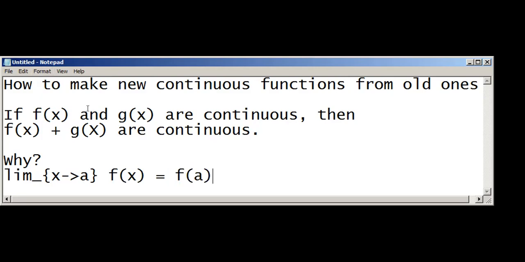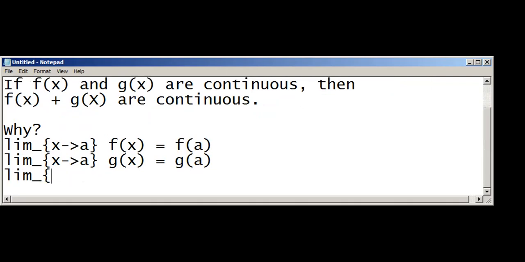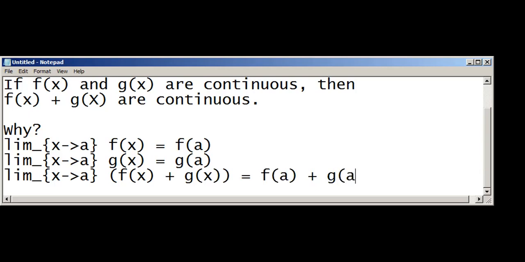So if f of x and g of x are known to be continuous, then your assumption is that for any a, the limit of f of x as x goes to a is f of a, the limit of g of x as x goes to a is g of a. And then I'm asserting to you that the sum is going to be continuous. In other words, I'm asserting to you that the limit as x goes to a of f of x plus g of x is supposed to be f of a plus g of a.